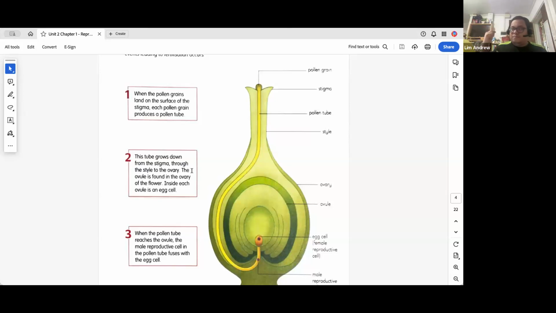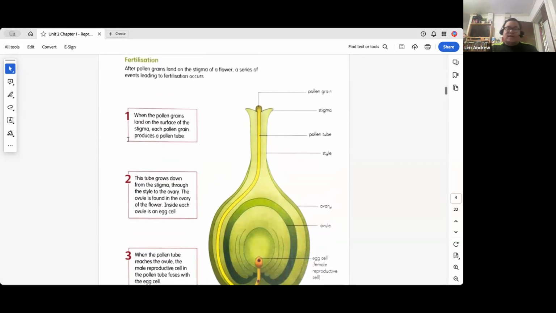The pollen grain gets stuck on the stigma of the female flower part. So when the pollen grain is stuck on the stigma, what happens next? There are three steps in this process, known as fertilization. After pollination, once the pollen grains get stuck on the stigma of the female flower, fertilization begins.